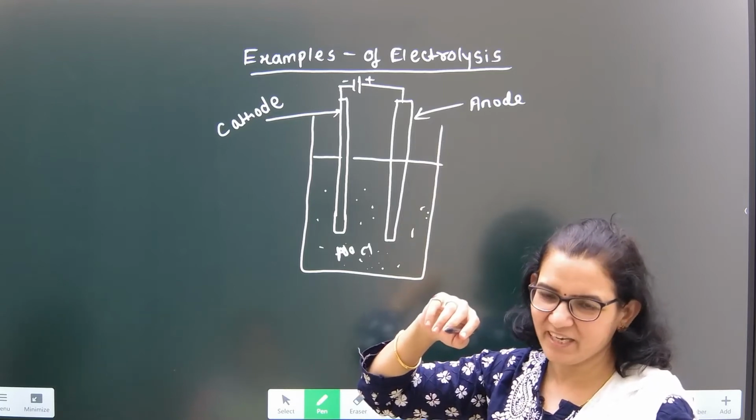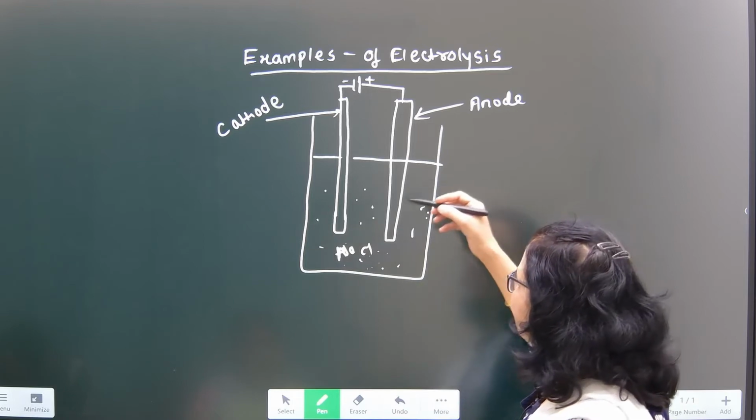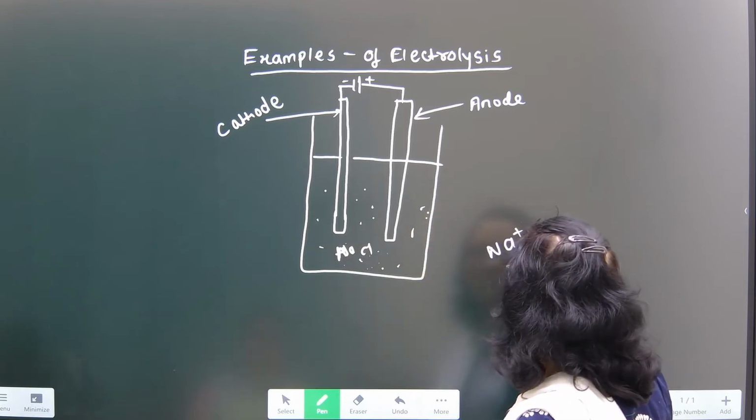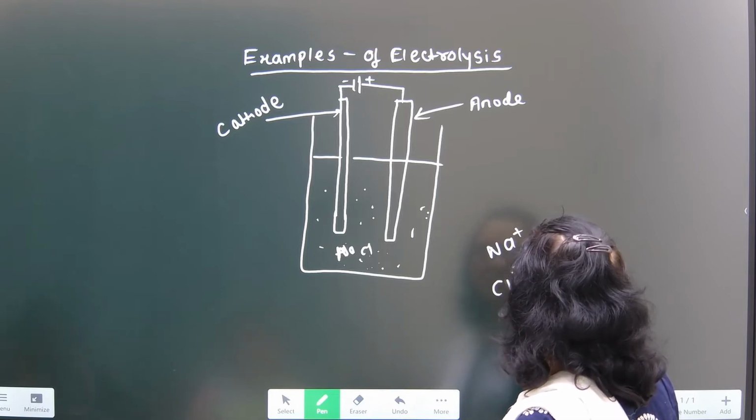Okay, and then oxidation is loss of electron. Reduction is gain of electron. Loss of electron कहाँ पे होगा? Na plus and Cl minus. Who will lose the electron? Cl minus will lose.